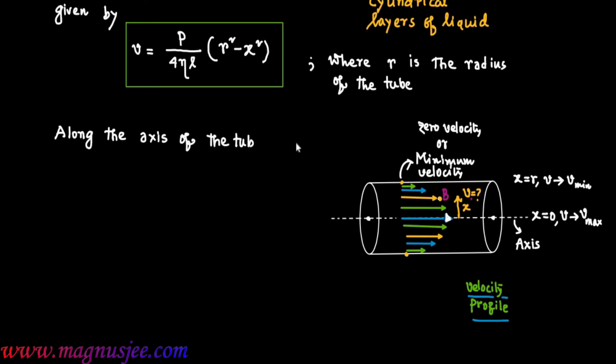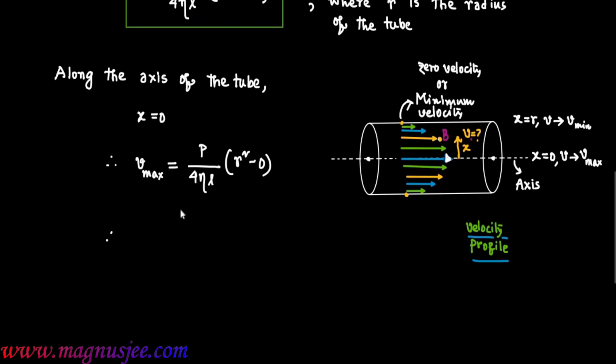Along the axis of the tube, the distance x is equal to 0, and velocity will be maximum, which is P divided by 4 eta L under bracket r square minus 0, because along the axis, x is equal to 0.